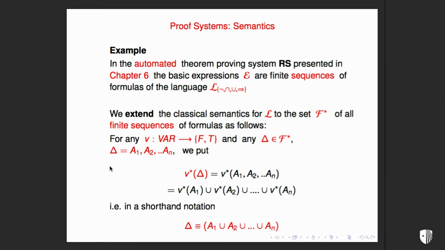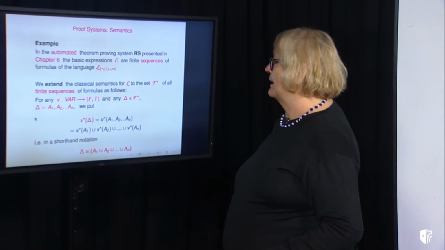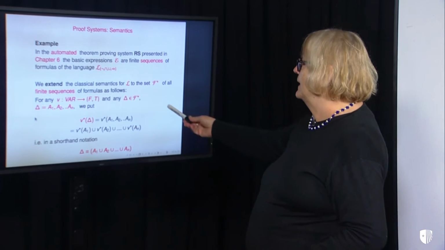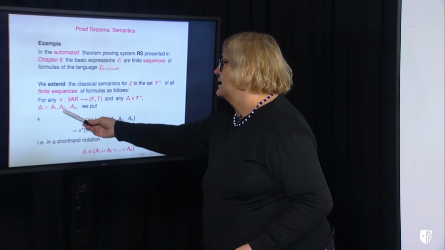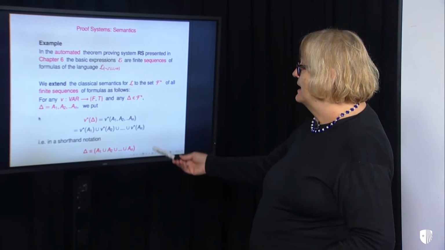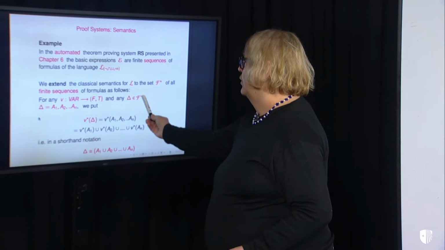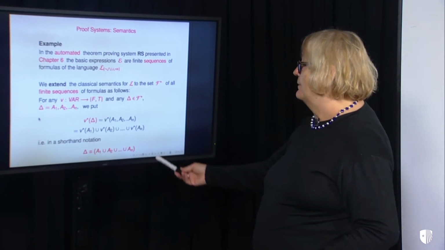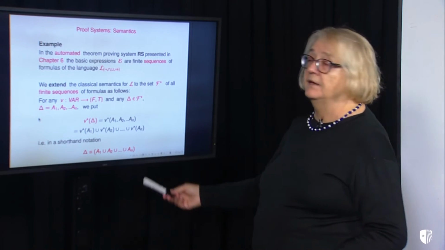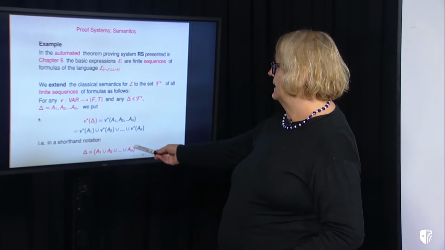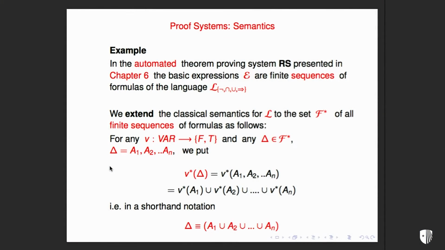We extend v, a variable assignment into T and F, to v star on the set of sequences. Delta is a finite sequence of formulas A1 to An, and we take the comma to become the disjunction. In shortcut notation, we write delta equal to A1 disjunction of all the formulas. So the extension of the comma in a sequence is disjunction.